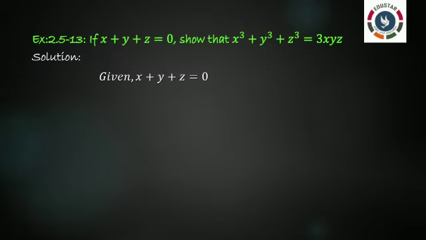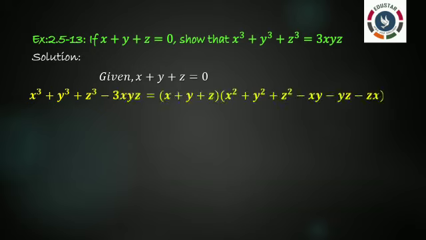Now apply this 0 in your 8th identity. On applying 0 in the RHS of the 8th identity, we will get what? x cube plus y cube plus z cube minus 3xyz is equal to 0. Why? Because 0 into anything is what?